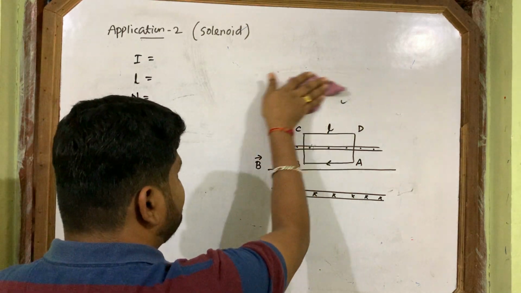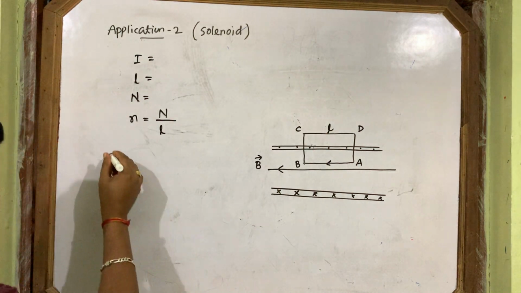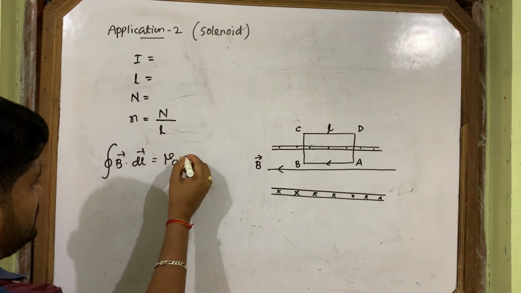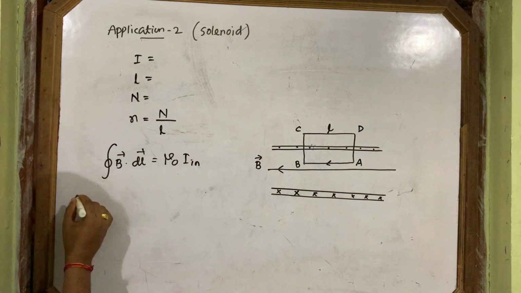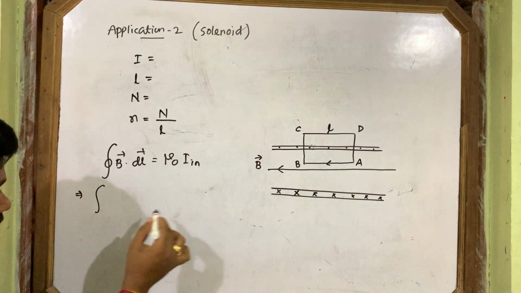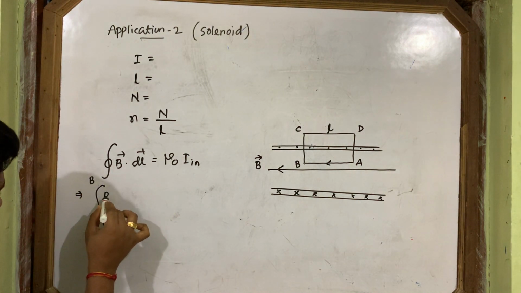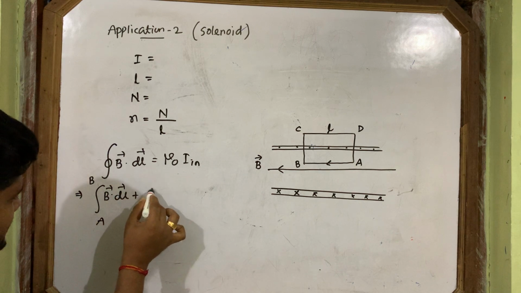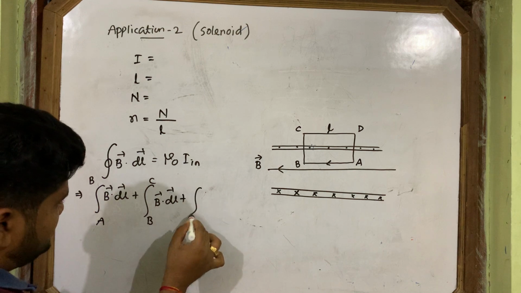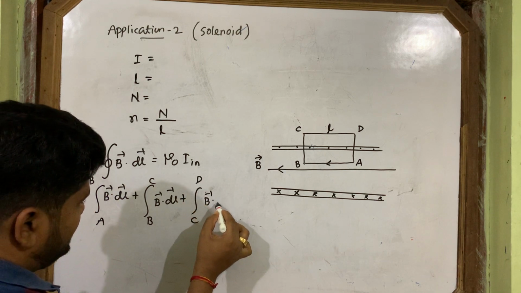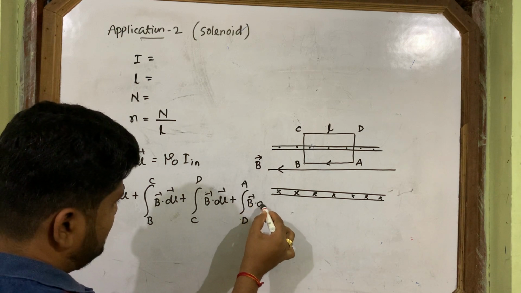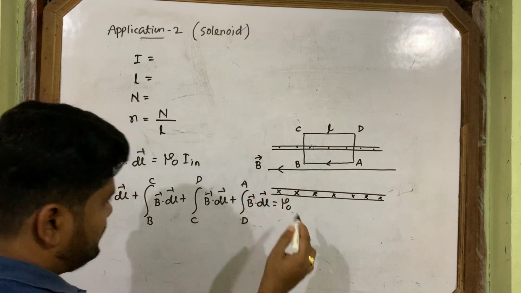Now let's apply Ampere's circuital law. It's a very easy derivation. Closed integral of B dot dl equals mu naught I enclosed. Split this integration into 4 parts: A to B, B dot dl, then B to C, B dot dl, then C to D, B dot dl, then D to A, B dot dl, equals mu naught times the current enclosed.